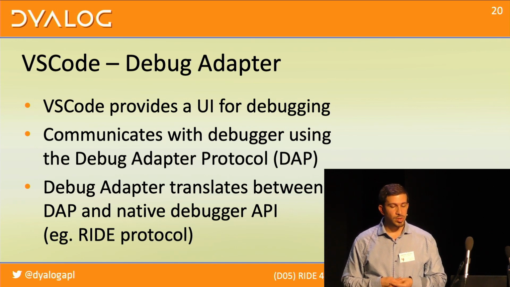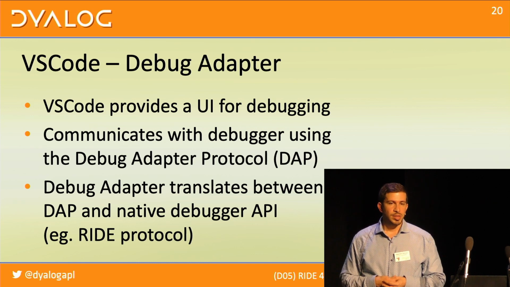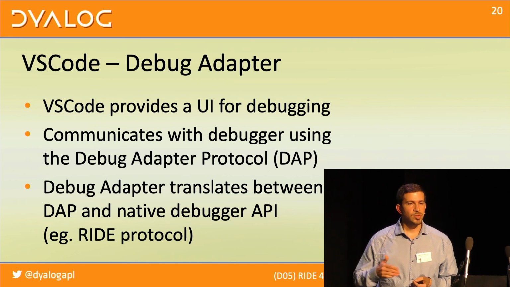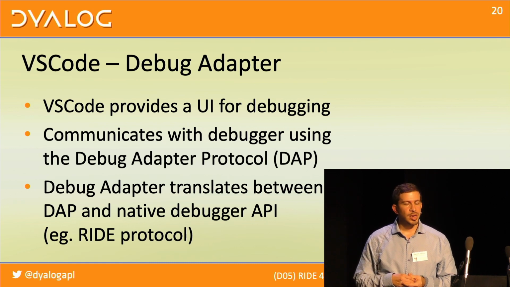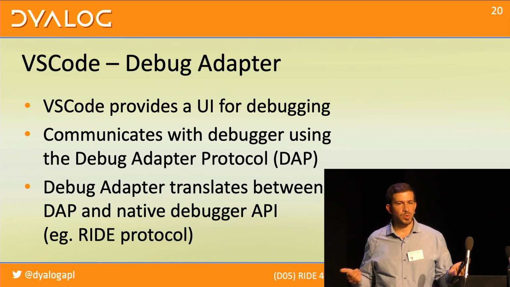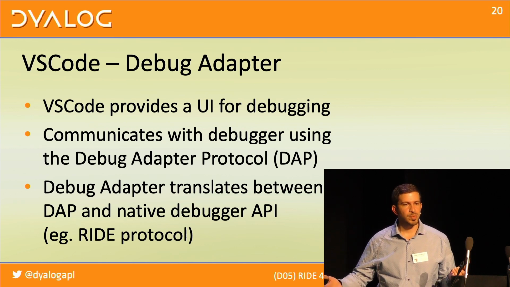They've come up with this protocol that is allowing you to set breakpoints and step through code, and implementers can then write an adapter to translate between this generalized protocol into a debugger-specific protocol.